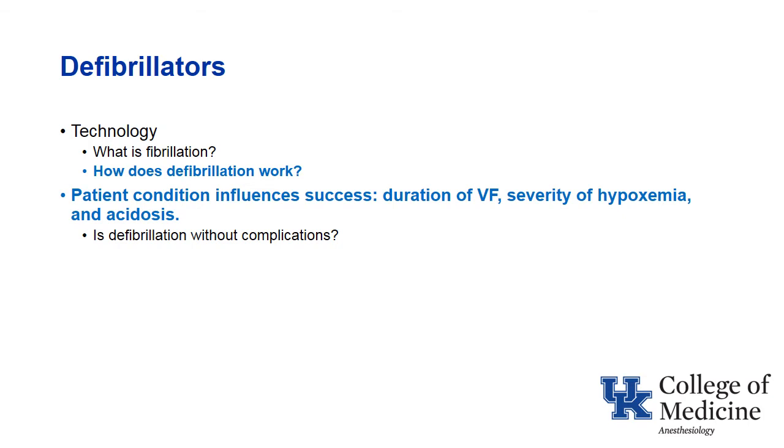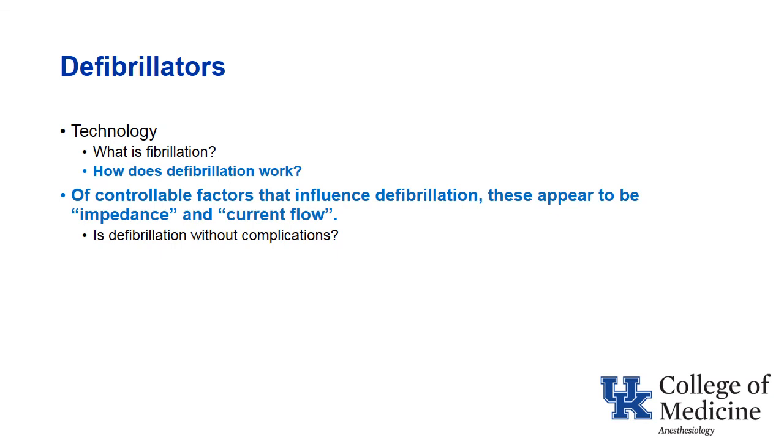There are three main conditions which influence the success of defibrillation, and they are the duration of VF, the severity of hypoxemia, and the presence of acidosis. Of the controllable factors that influence defibrillation, these appear to be impedance and current flow.